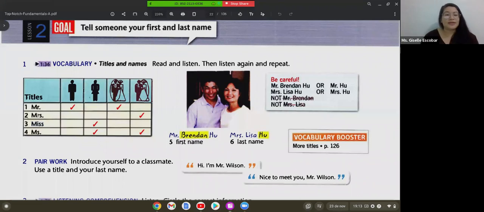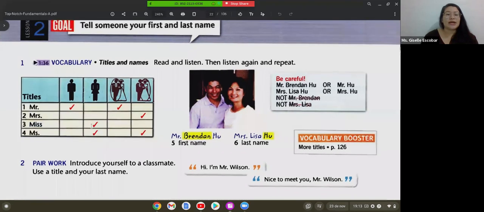We have here that Mrs. is señora, Miss is señorita. We can see here the check on the girl side. So señorita. The pronunciation is the same, and the meaning is pretty much the same.